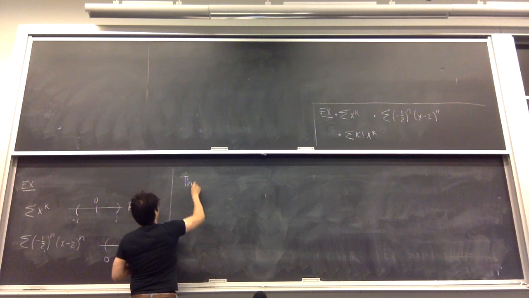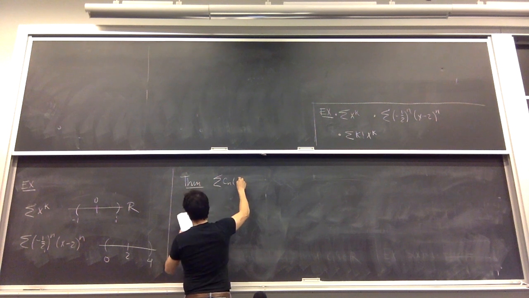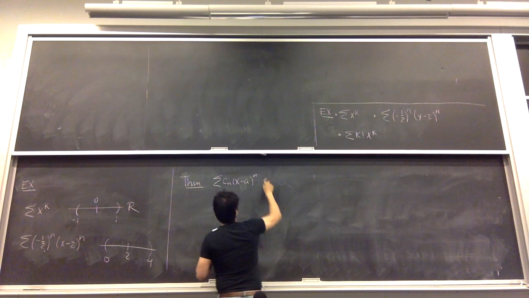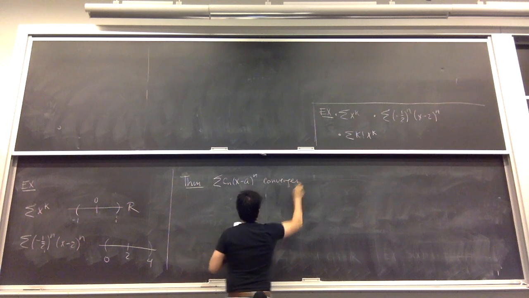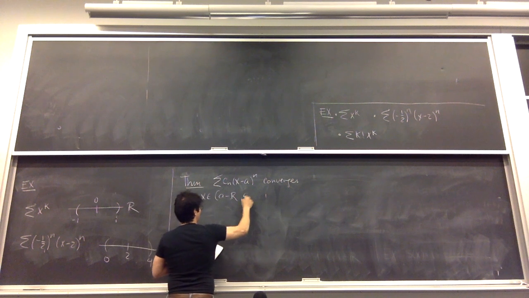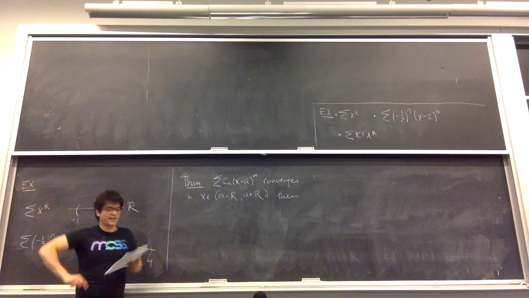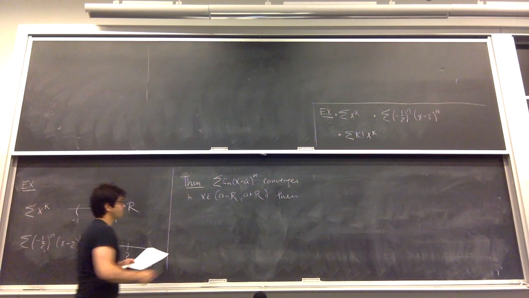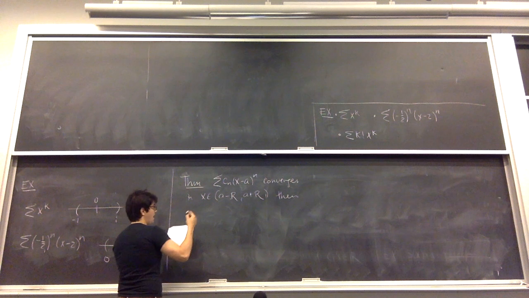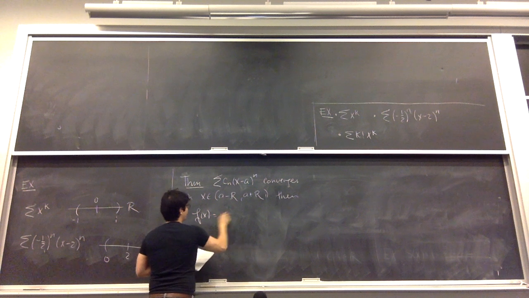Okay, so another theorem. If this converges in the radius of convergence, then, and this is actually really important and not intuitive at all, I can say for x in here that we have a function equal to this.